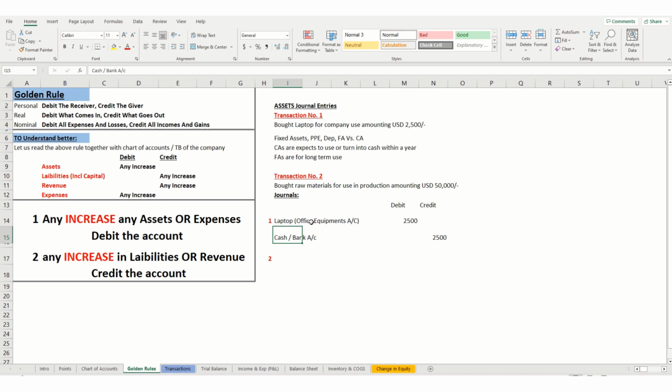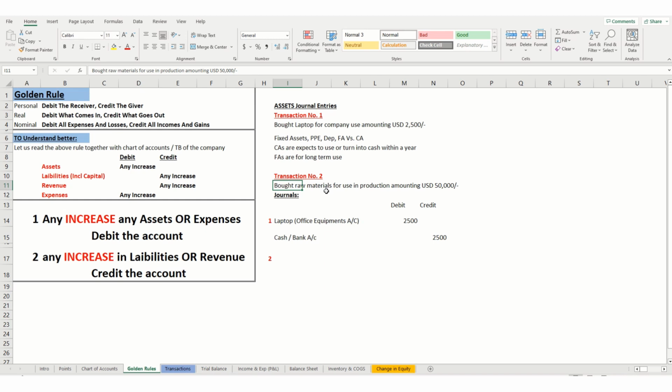This is the first entry, and now we will go for another example. Transaction number two: bought raw materials for use in production amounting to 50,000 US dollars. So here we have bought raw materials to use in the production. What is a raw material?